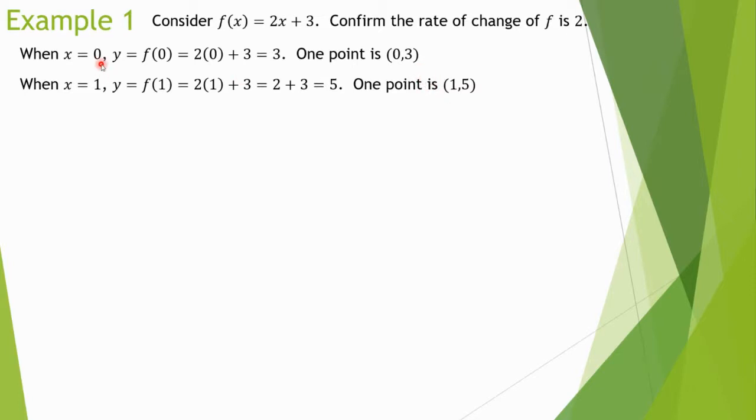What's nice about choosing something and then choosing a number that's 1 unit bigger, you can see that the y value is going to increase by 2 here. But to really bring it home, we should calculate the slope, and that's what I'm doing here. So the slope turns out to be 2, which is what we should expect. But also notice, if you increase x from 0 to 1, your y is increasing from 3 to 5. It's increasing by 2.